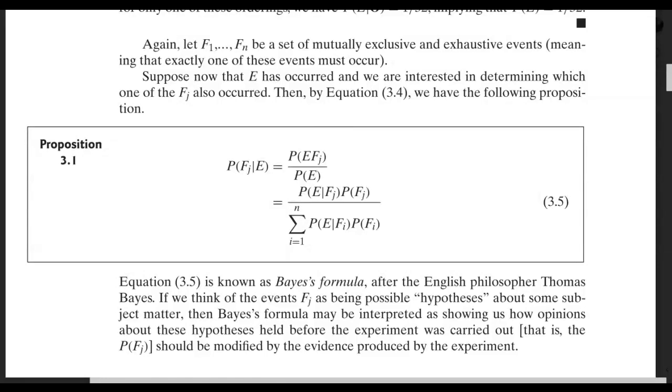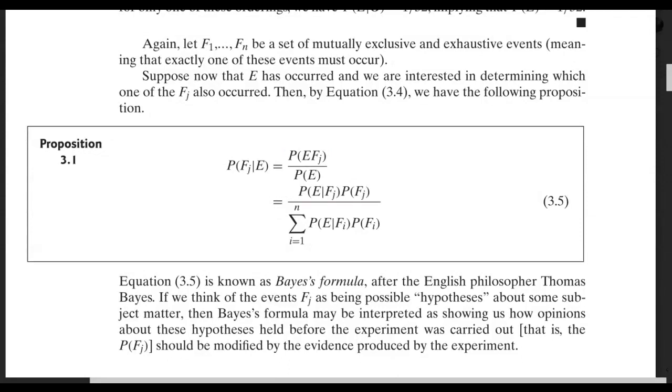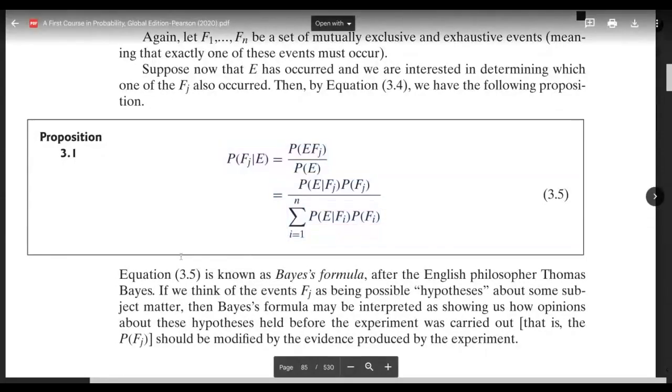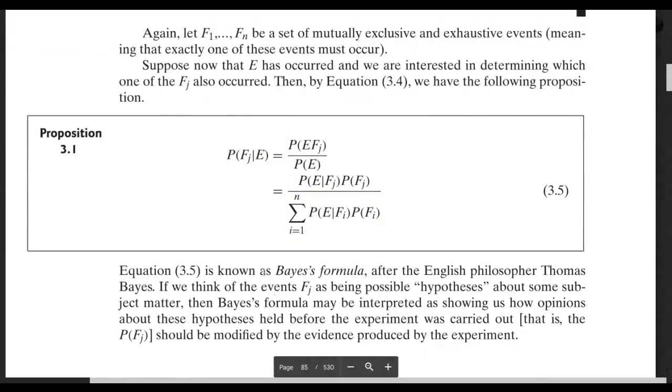All right. I don't know how you remember this, right? But I think you can make sense of this. Okay, so this equation is known as Bayes' formula.